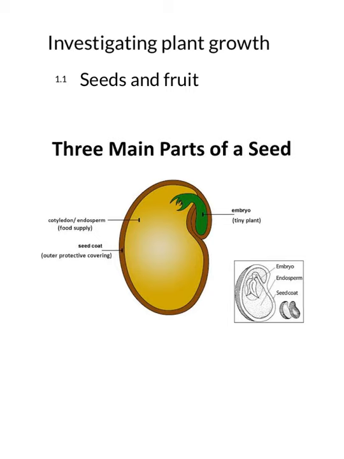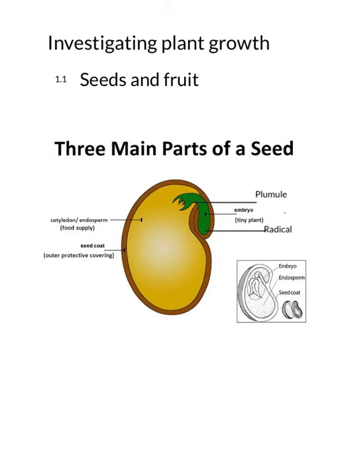The embryo has two parts, that is the radicle and the plumule. Radicle is the part of the embryo that first grows into the root. The plumule then grows into the shoot system which produces the new plants.